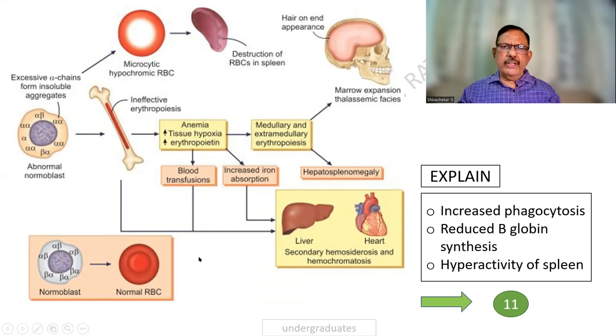At the same time, the patient is also transfused with blood. Therefore, he can end up with hemochromatosis or hemosiderosis of organs such as the heart and the liver. What you people will have to explain will be increased phagocytosis, decreased beta globin synthesis, and hyperactivity of the spleen.